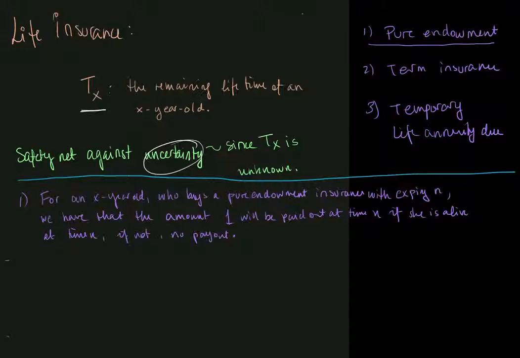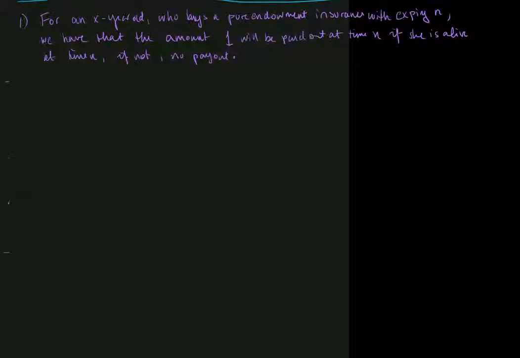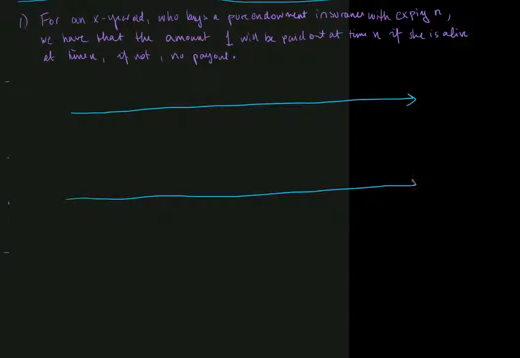So how do we look at that? Well, we can think of 2 scenarios. You might recall that in chapter 1 we drew timelines where we also drew payment streams. What we will do here is also draw timelines, but since the pure endowment insurance has payout depending on whether or not you're alive at expiry, we will have to draw 1 timeline for each scenario because we have 2 scenarios.